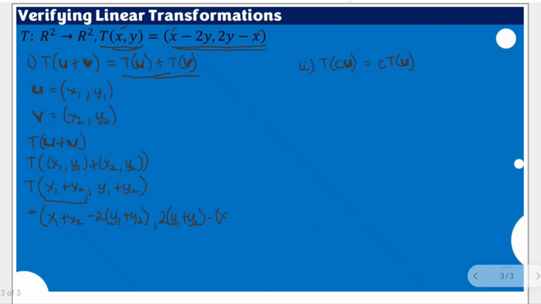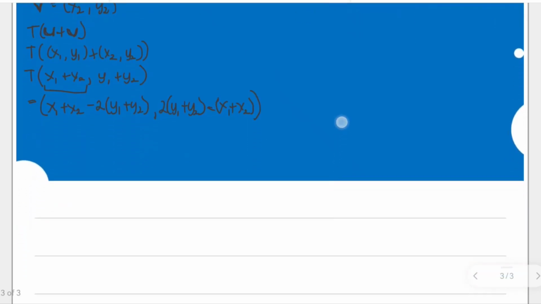Let's use parentheses to denote this, especially if it's preceded by a minus sign. From here, let's multiply. Let me use some spaces. x sub 1 plus x sub 2 minus 2y sub 1 minus 2y sub 2 as we distribute. On the other side, 2y sub 1 plus 2y sub 2, distributing as well, minus x sub 1 minus x sub 2.